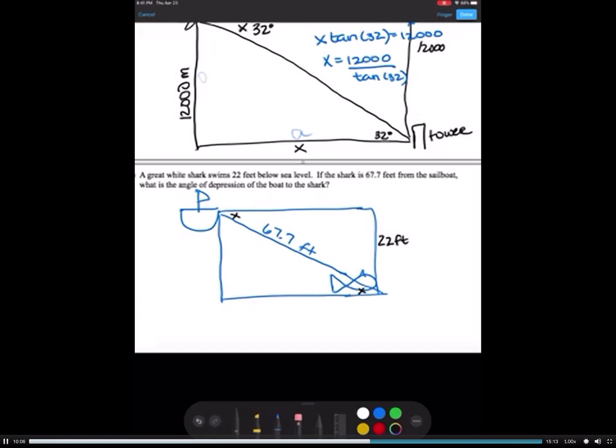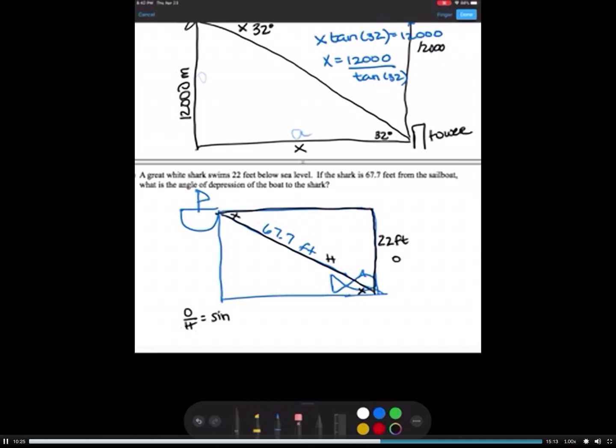Okay, so if I'm using this top triangle, because I have the sides all labeled already, and my angle of depression is here, opposite over hypotenuse. So O over H equals sine. So I've got sine of x or theta equals 22 over 67.7.